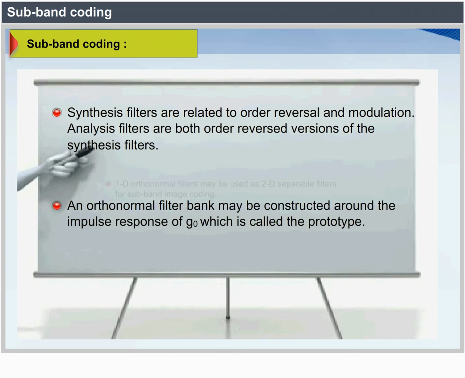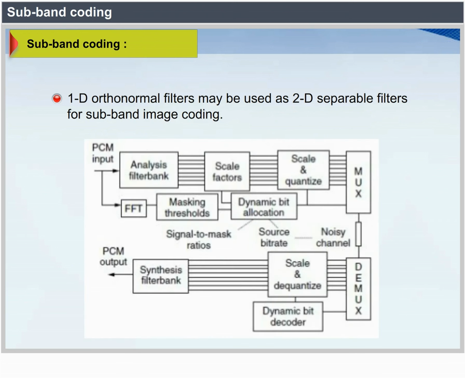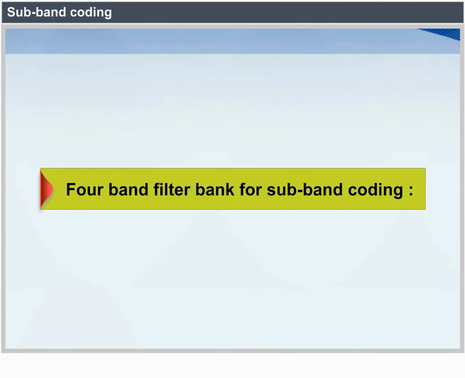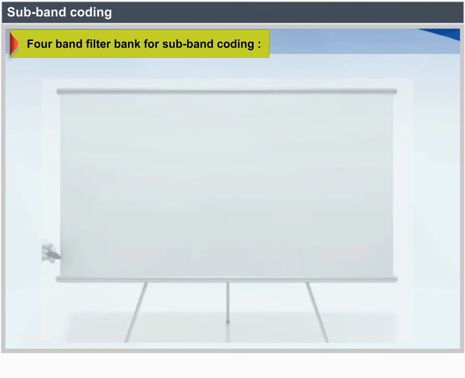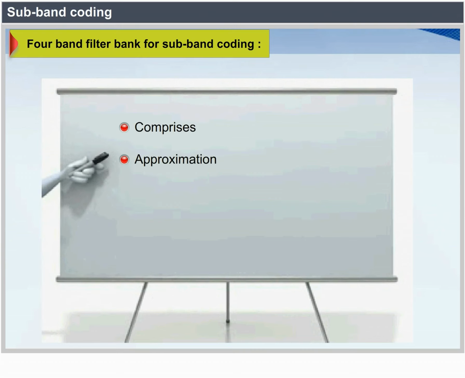1D orthonormal filters may be used as 2D separable filters for subband image coding. A 4-band filter bank for subband coding comprises approximation, vertical, horizontal, and diagonal.